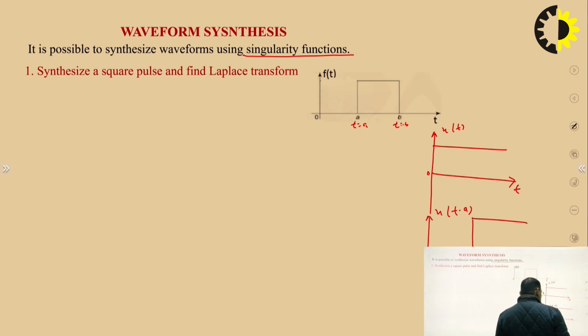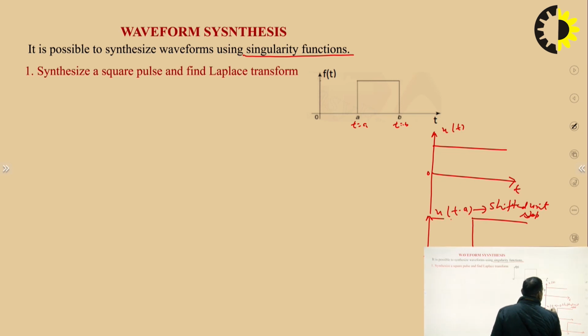Suppose we take another wave shape, u(t minus a). So one unit step is starting at t is equal to 0, and there is another unit step which is starting at t is equal to a. This is called a shifted unit step.